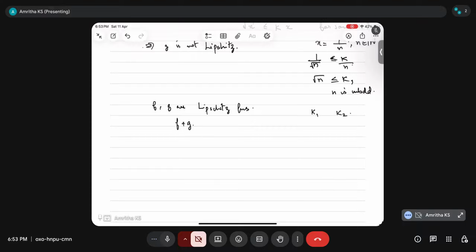You need f of x plus g of x minus f of y minus g of y. This is less than or equal to f of x minus f of y plus g of x minus g of y.